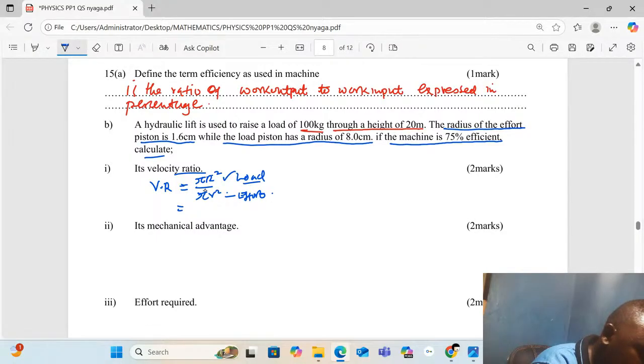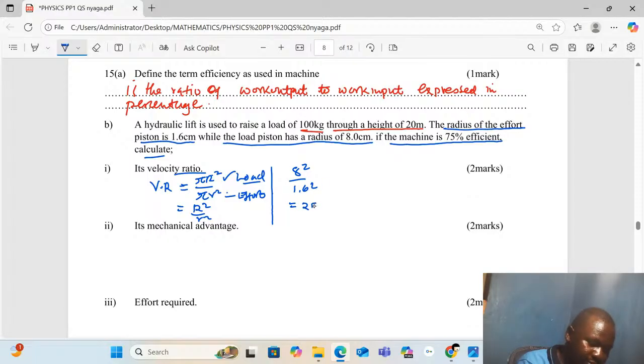But since we have pi in common, it is r squared. In this case, we shall say we have 8 squared over 1.6 squared, and this gives us 25 as our velocity ratio.